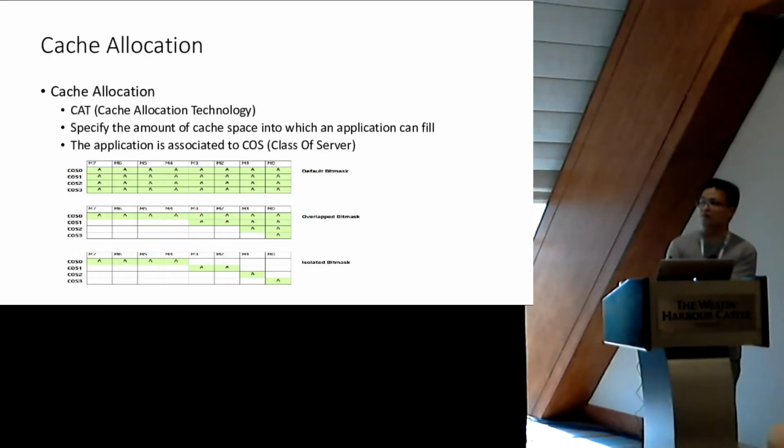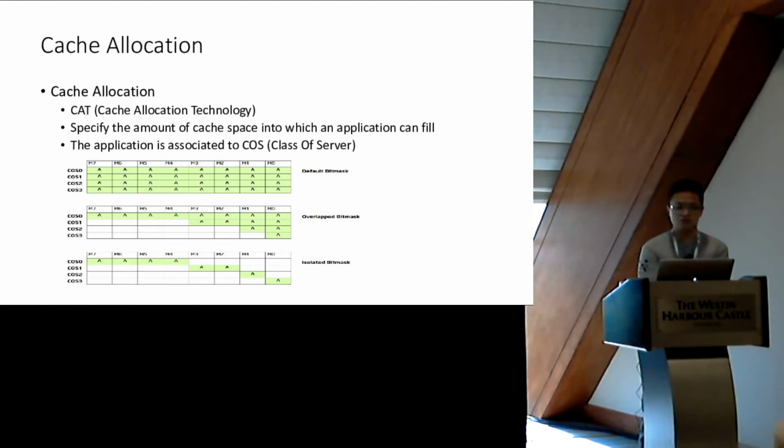This picture is from the Intel software developer manual. The first case is the default case, which is also the case if CAT is not supported. In this case, these four applications can use all of the cache. In the second case, the first application, COS0, can use all of the cache. However, the second application, COS1, can only use a subset of the cache of COS0.